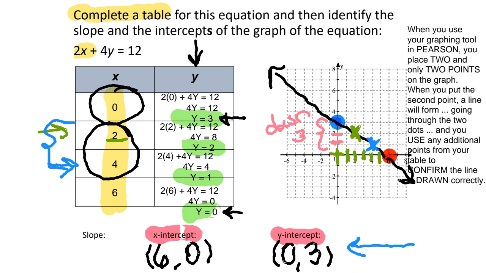I went right 6, which means my slope is down 3, right 6. But don't forget, I have to reduce this fraction to -1/2.